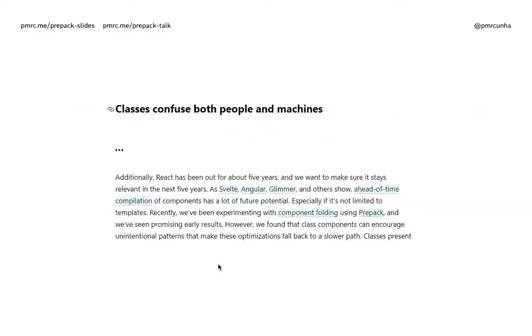There's an interesting part which is about how classes confuse both people and machines, and they start talking about how they want React to be relevant for the future and how they want to do ahead of time compilation like Svelte, Angular, and Glimmer. That's kind of interesting. How do hooks relate to that?